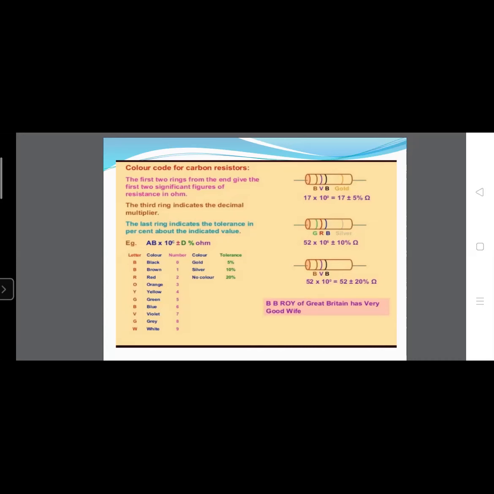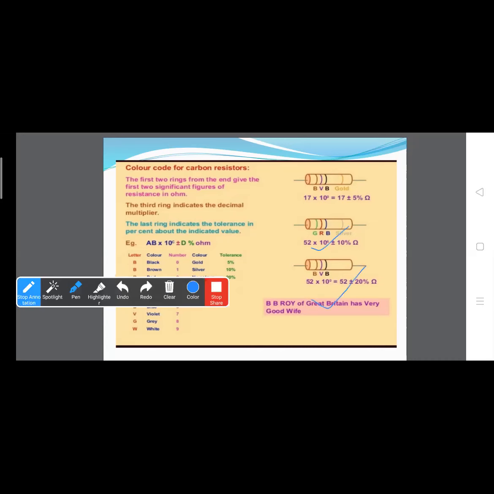From the figure, we see that this is a carbon resistor. The first two rings from the end give the first two significant digits of the resistance in ohm. Suppose the first is A, the other is B. So we can write AB.